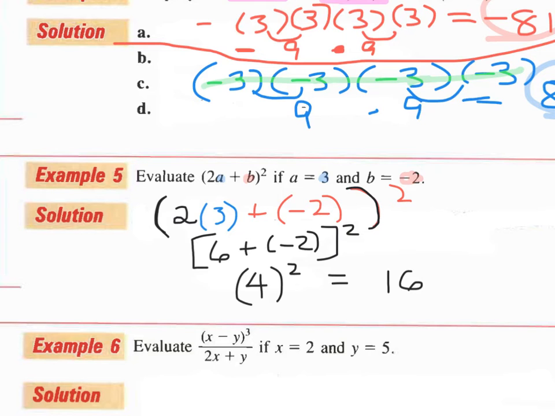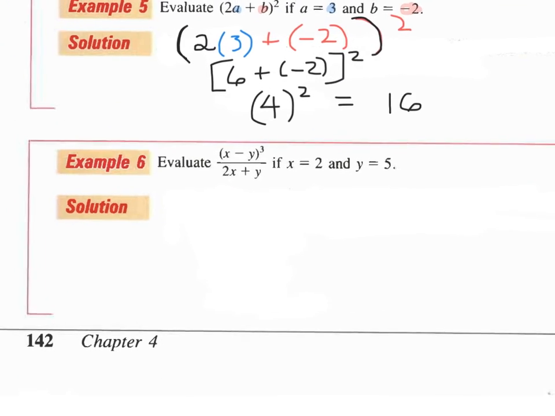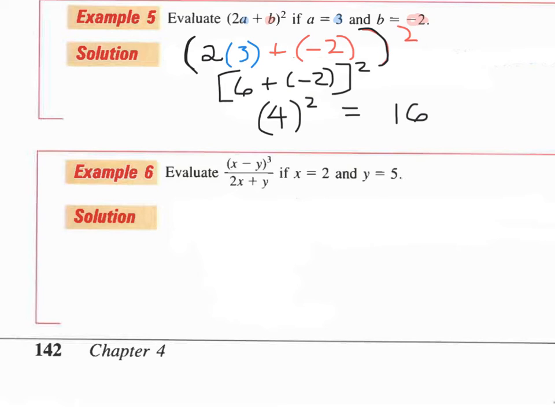The next one, the same thing. I'm going to take out the letter X, both times I see it, and put in the number 2. Then for the letter Y, I'm going to replace it with the number 5.